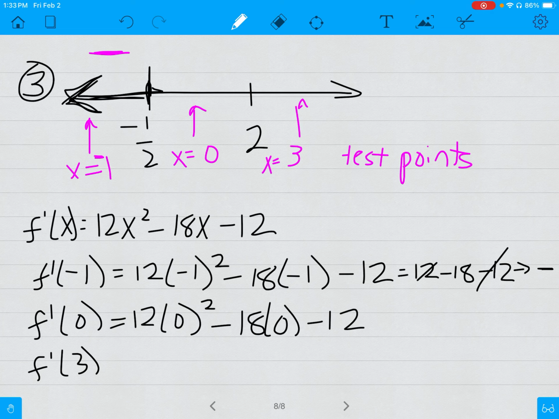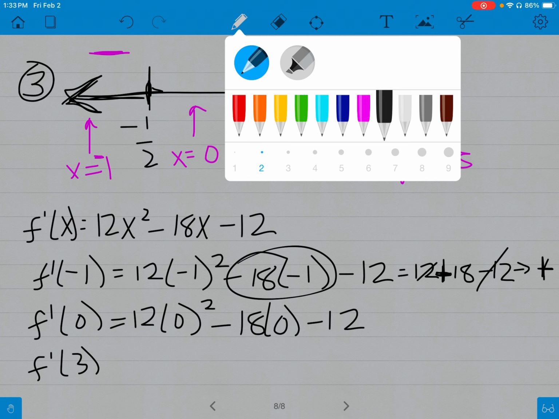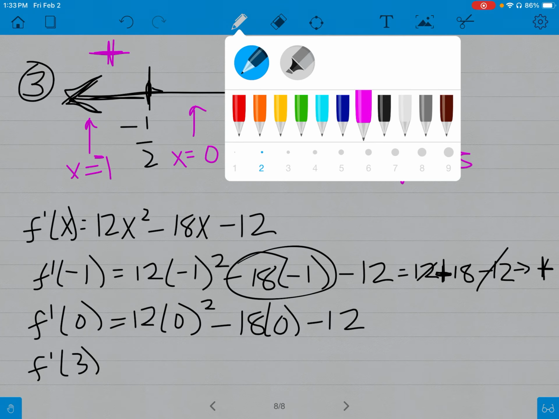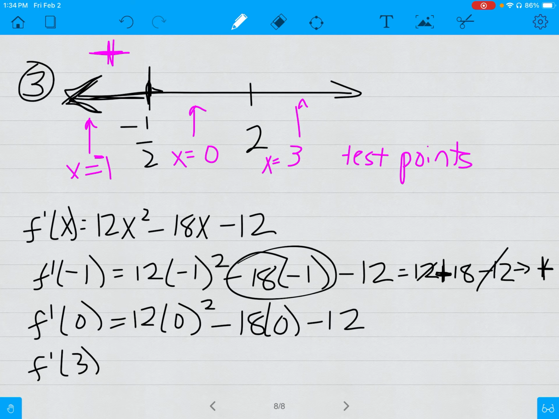That actually should have been a positive 18, shouldn't it? Because that was negative times negative. Okay, so backing that up, that actually should be positive right there. Okay, I apologize about that. The process is still the same. I just somehow missed the fact that that was negative 18 times -1. So it should be plus 18.